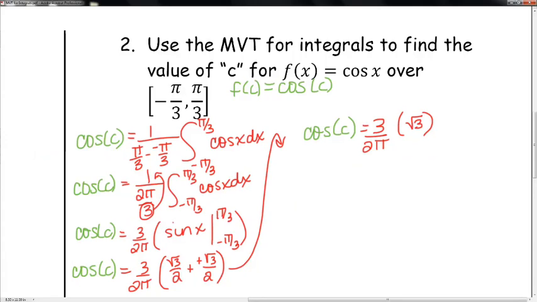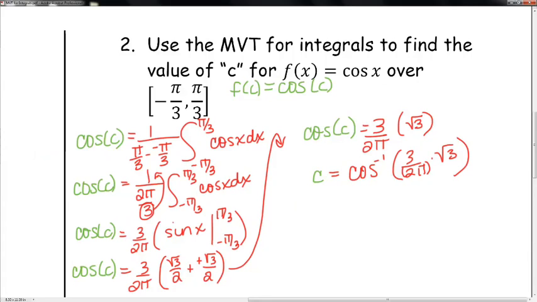At this point, in order to find c, we're going to have to do the arc cosine. So you have to use this feature on your calculator. When you plug it in your calculator, please use parentheses.